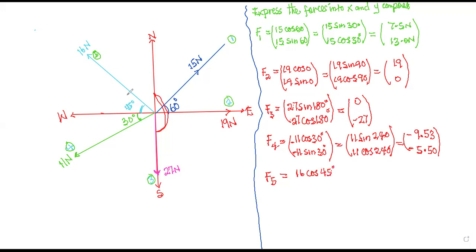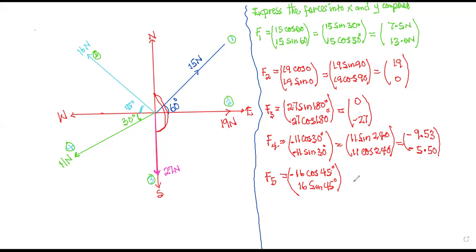Within this quadrant, x is negative, so minus 16 cos 45, and 16 sine 45. Within this quadrant, the y component is positive. Cos 45 is root 2 on 2.